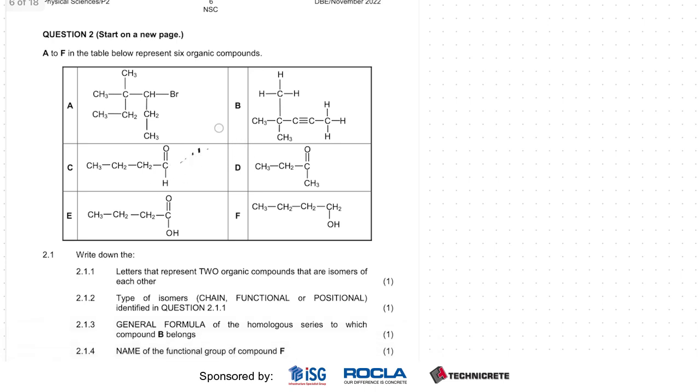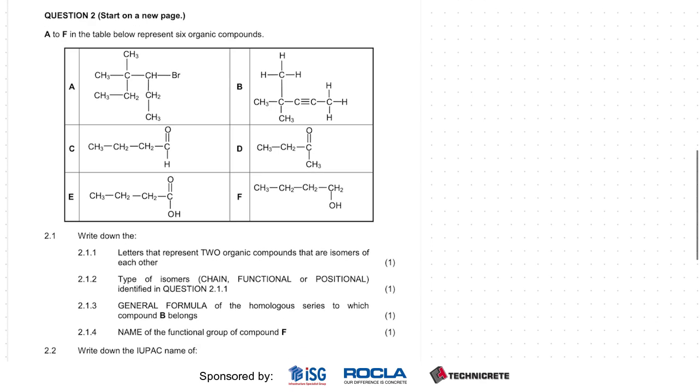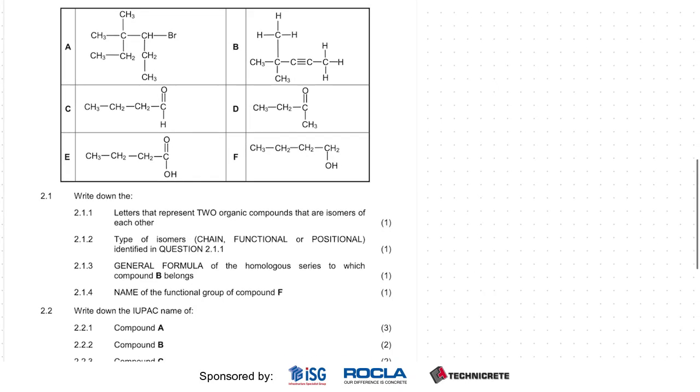So that makes it an aldehyde. Here we have a ketone because the carbonyl group is in the middle of the molecule. Here we have a carboxylic acid, and here we have an alcohol. Okay, so some different compounds. All right, let's get into the questions.